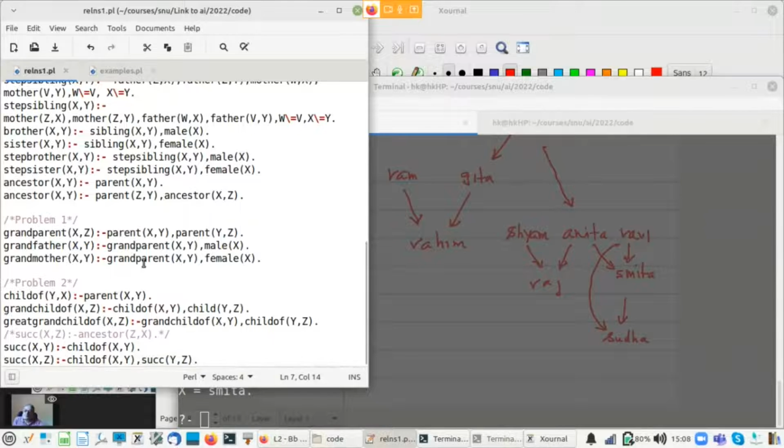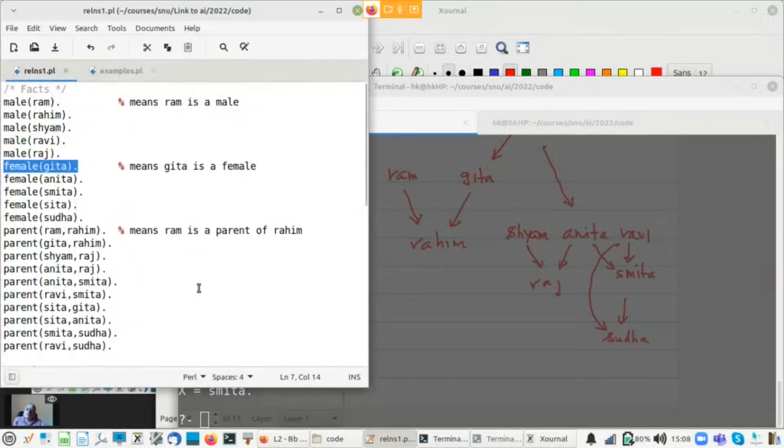Okay? Similarly, one can define a successor relation, which is the sort of inverse of the ancestor relation. So X is a successor of Z if Z is an ancestor of X. So you can now define a large number of possibilities here.